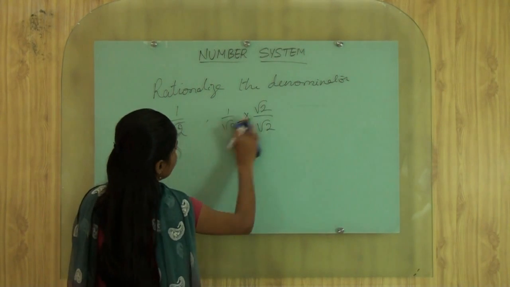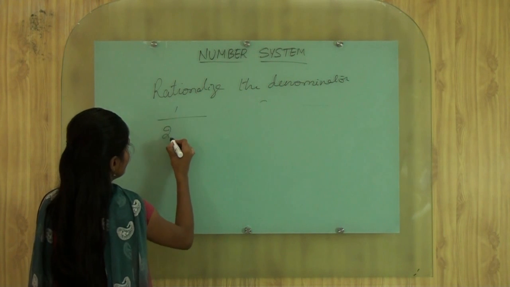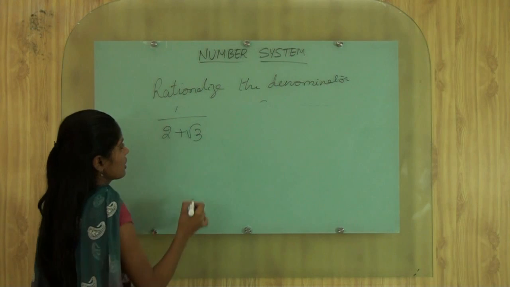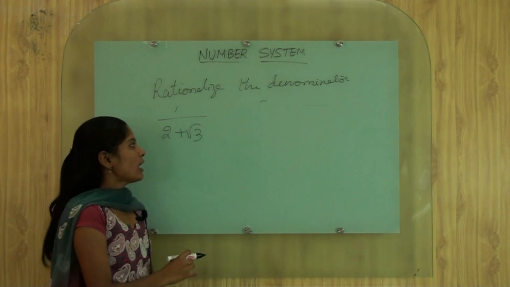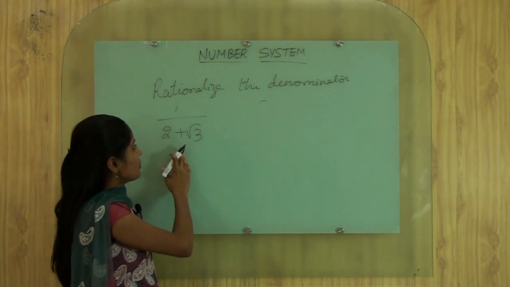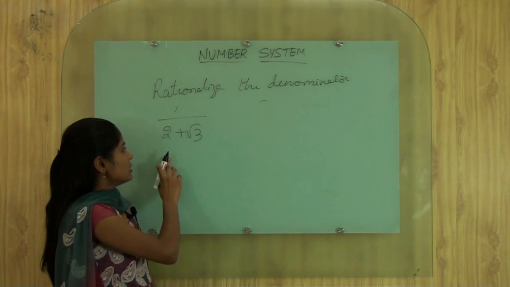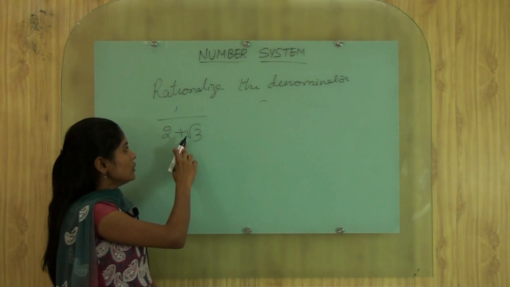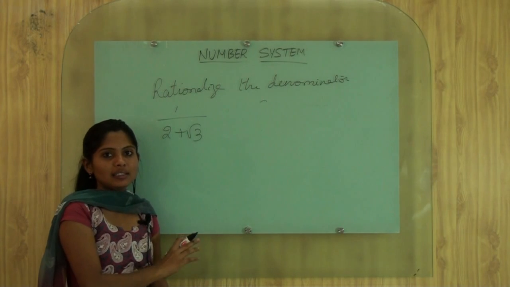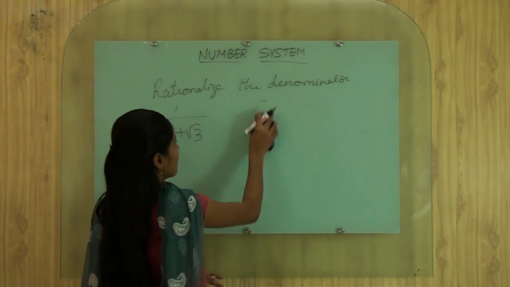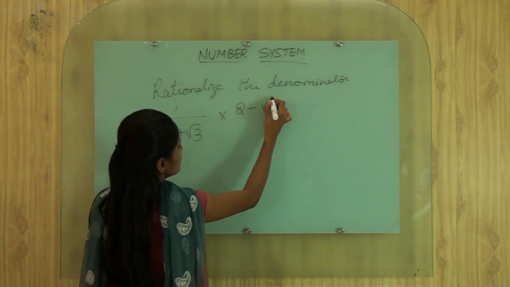If you are given a value, say 1 by 2 plus root 3, if they ask you to rationalize the denominator, then you have to multiply with the negative sign here. That is, you have to multiply with 2 minus root 3 to both numerator as well as denominator. Let's multiply 2 minus root 3.